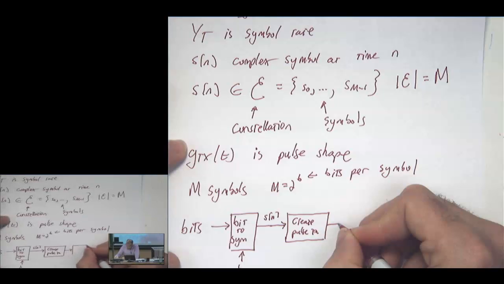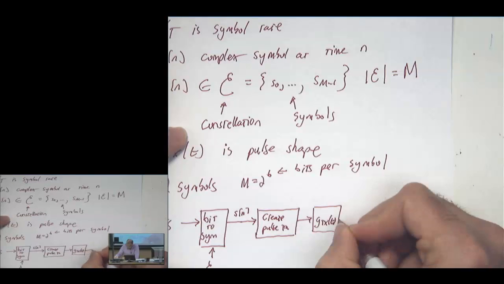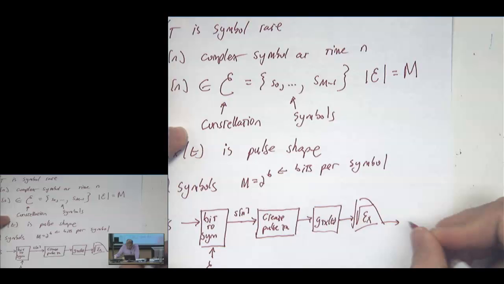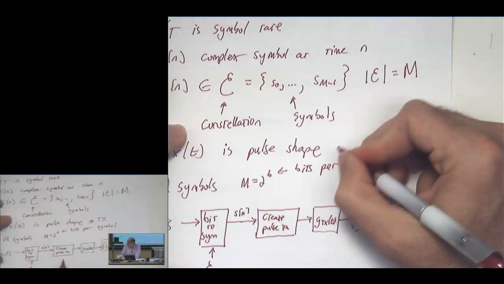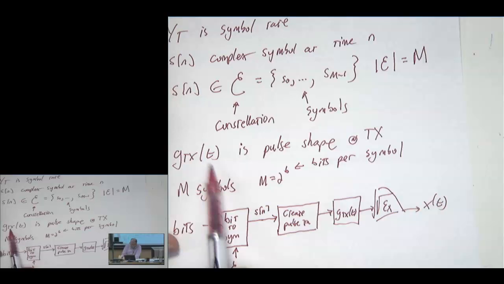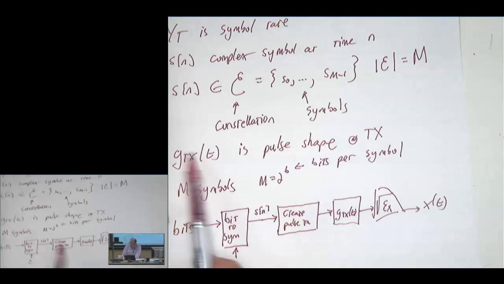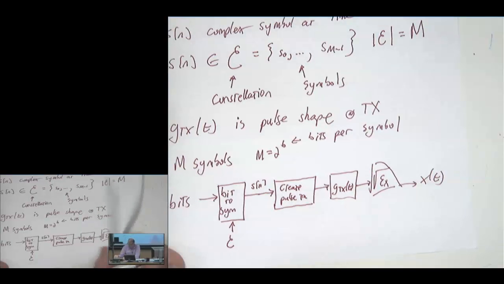And then there'll be filtering by g_TX(t), the transmit pulse shape, scaling by the square root of E_x, and producing x(t) here. I forgot to mention the TX here is for transmitter, so there's going to be another g that appears at the receiver. The block diagram we'll talk about more next Monday.